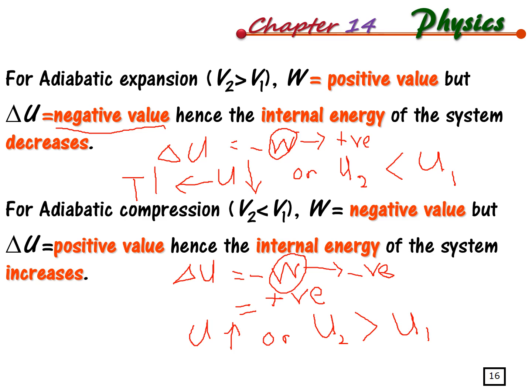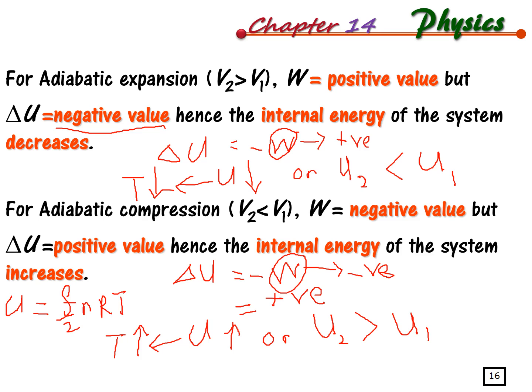And for adiabatic compression, since the internal energy is increased, the temperature of the gas will increase, since we know the formula of internal energy of the gas, degree of freedom over 2 times RT.